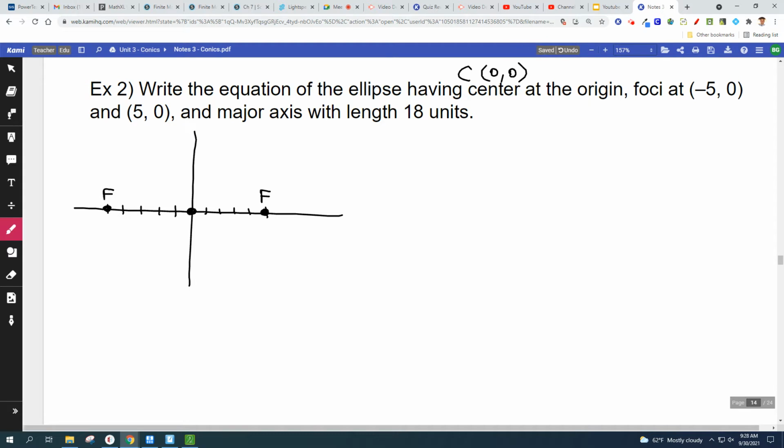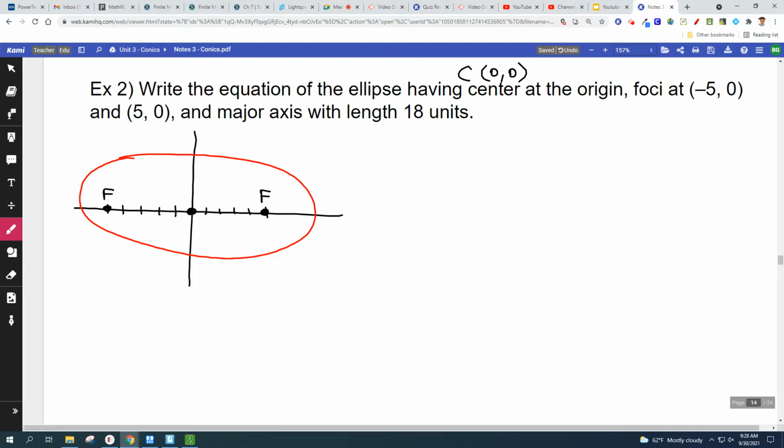That tells me which direction this is stretched. This is stretched in the x direction, okay? Because the foci are on the x-axis or in the x direction from the center. I know this is longer. I know this shape. It's an ellipse, okay?